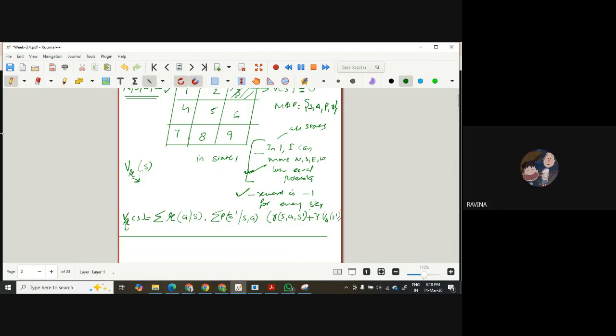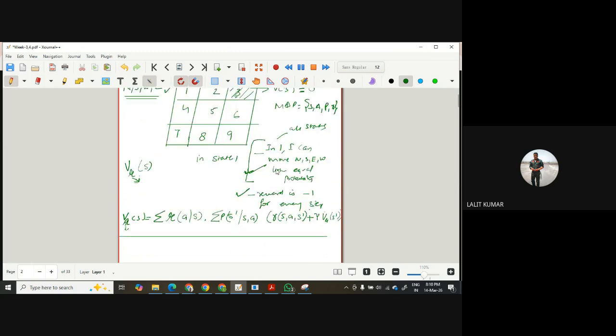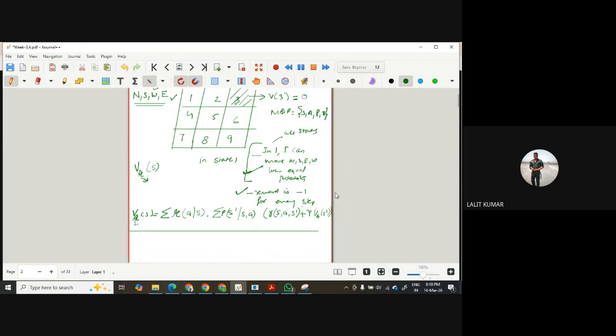Now, from here, there are very important things. We will do one calculation here, for example. If I do the calculation of V pi of 1, I will consider all actions. All actions' probability is how much? 0.25. There are four actions, 0.25 each. First I take S prime. For example, I am moving north.